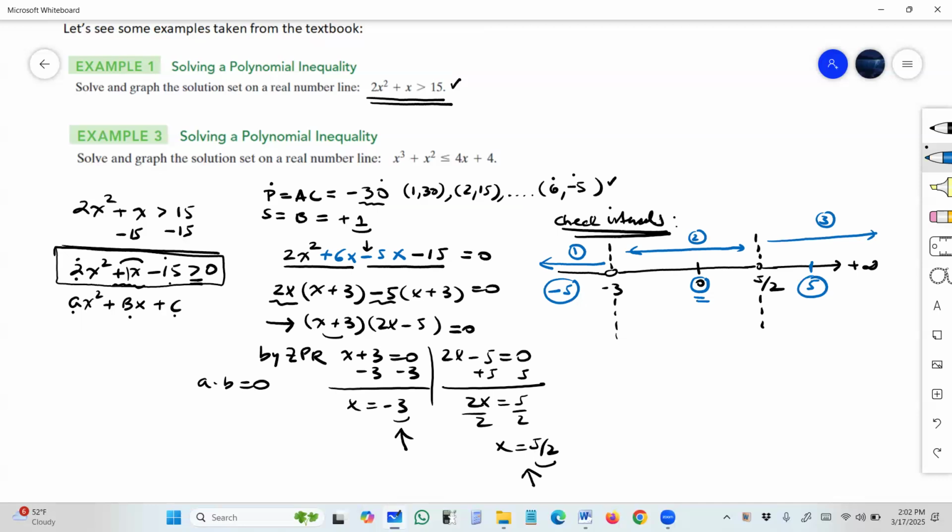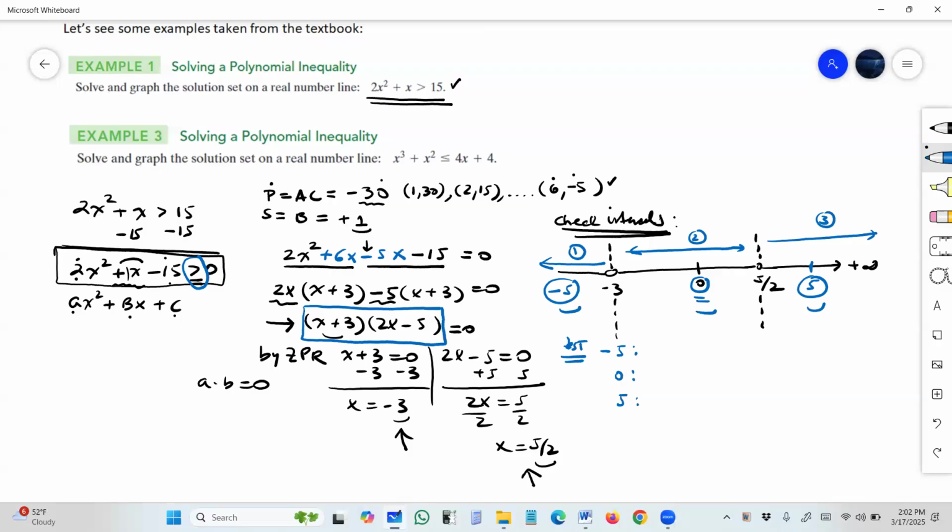All right. I need to test all these three values. So I'm going to test the -5. I'm going to test the 0. And I am going to test the number 5. So I'm going to test this, this, and that. Now, to test these values, you are going to go to the factored polynomial and the original inequality symbol.